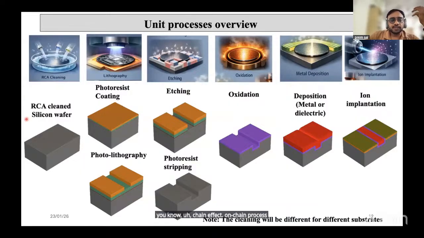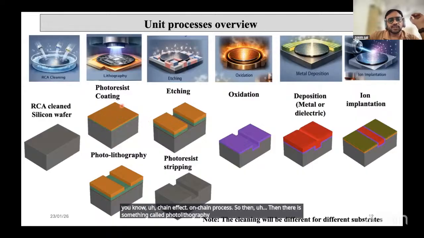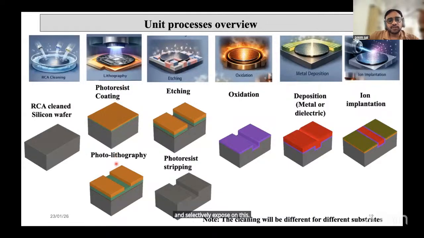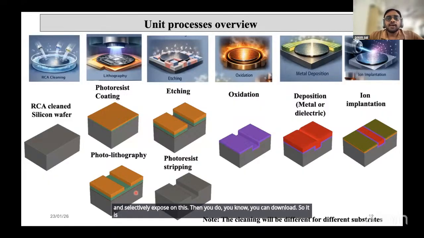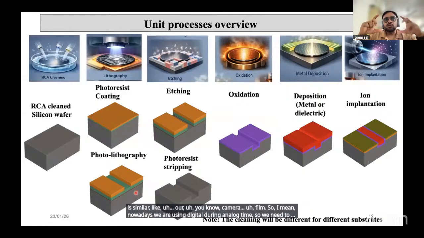Then there is something called photolithography. Photolithography is where you take the help of light, use a mask, and selectively expose, then you develop. It is similar to our camera film. Nowadays we are using digital, but during the analog time we needed reels.